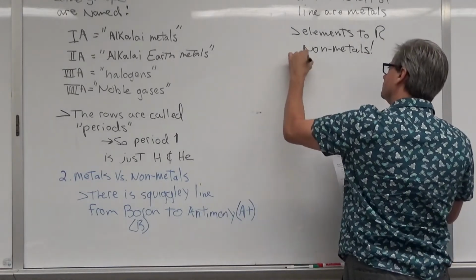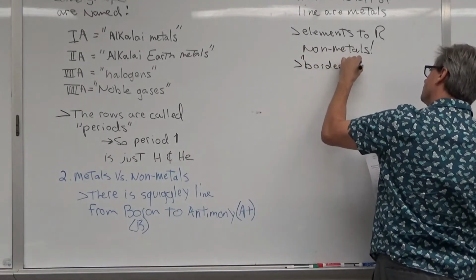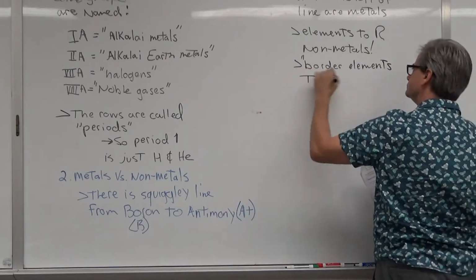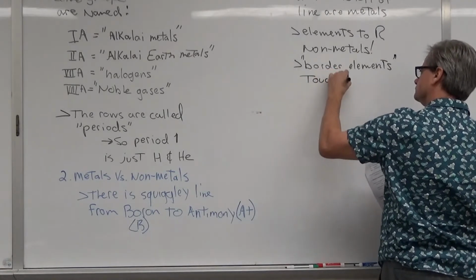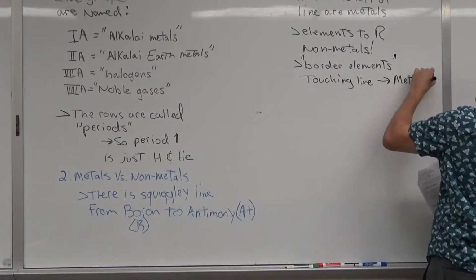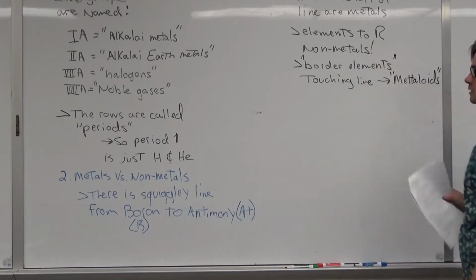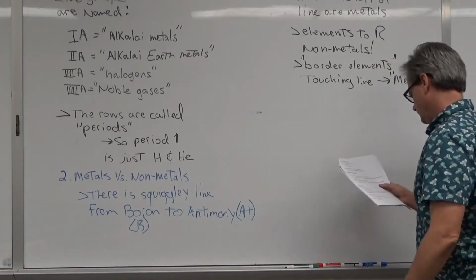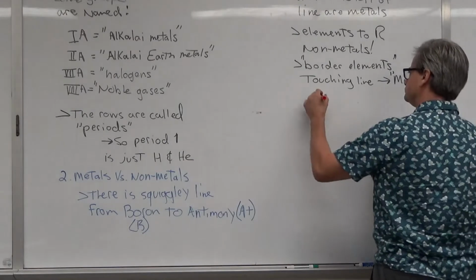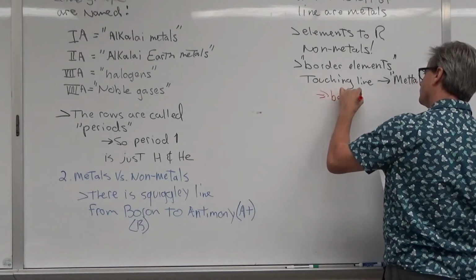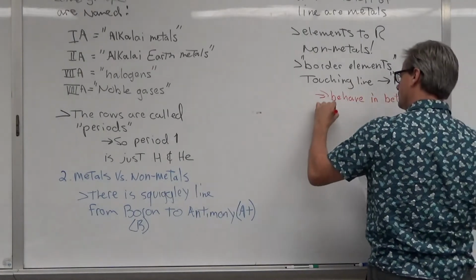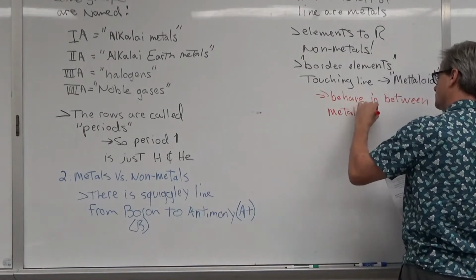Border elements, touching the line, those are metalloids. And they behave sort of in between metal behavior and non-metal behavior.